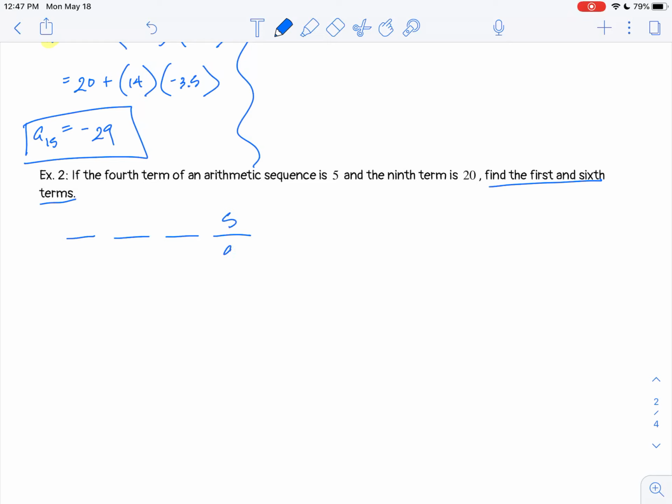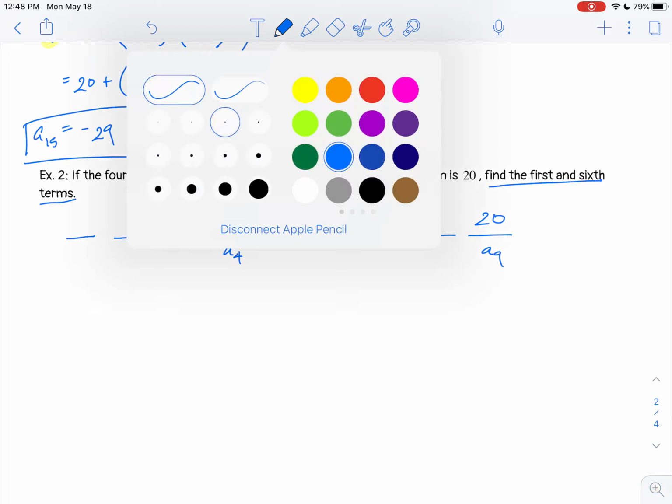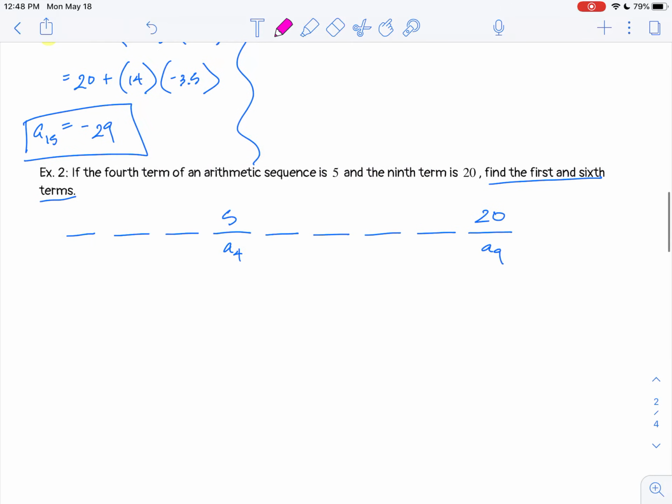I know the 4th term is 5, or a sub 4 is 5. I have the 5th term, the 6th term, the 7th term, the 8th term, and the 9th term is 20, or a sub 9 equals 20. And what I want to find is a sub 1 and a sub 6.